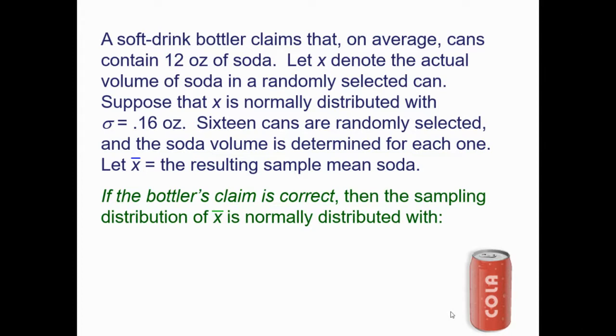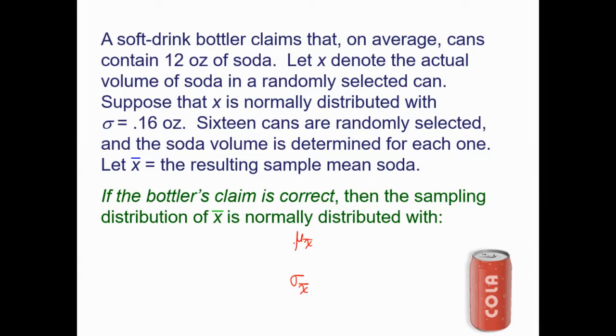So if the bottler's claims are correct, then the sampling distribution of X bar is normally distributed with what? Well, we need 2 things. We need the mean of the sample means and the standard deviation of the sample means.